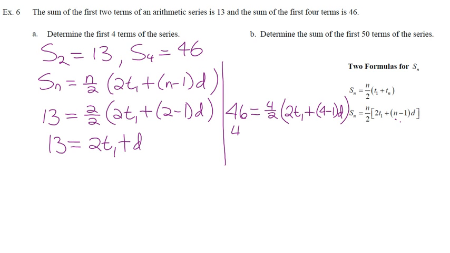That takes a little bit more work. That's 2 times 2t1 plus 3d. Let's divide both sides by 2. 23 is 2t1 plus 3d.